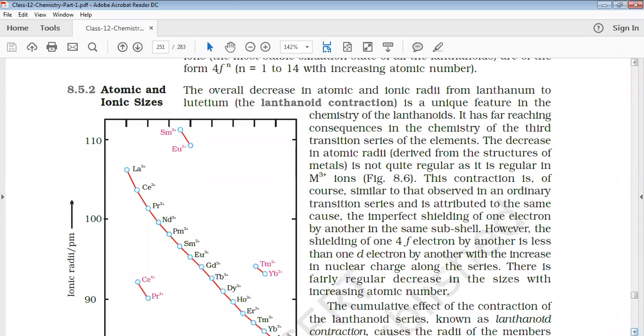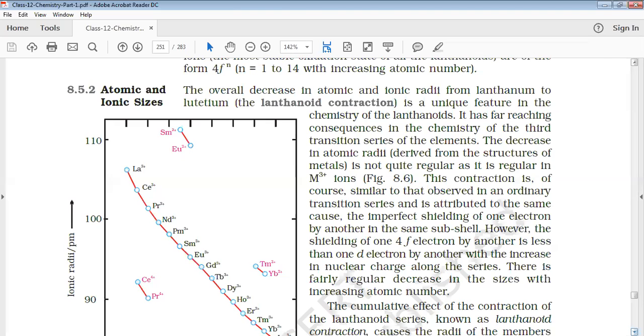Lanthanide contraction ಅಂದ್ರೆ ಏನಾಗುತ್ತೆ ಅಂದ್ರೆ, as the atomic number increases, because of the steric hindrance and the shielding effect, the atom pulls the electrons towards itself. So that's why atomic size is reduced. Because of that, ionic radius is also reduced.